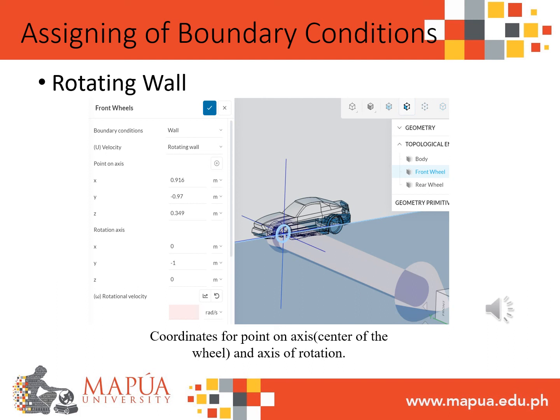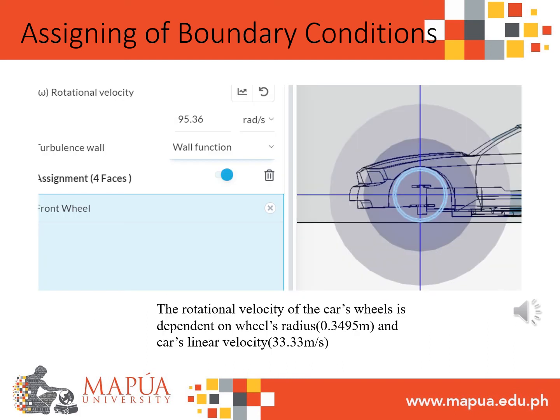For our point on axis, it would be at the center of our wheel, and the rotation axis would be in the negative y direction. We also need to specify the rotational velocity of our wheels, and that can be done by dividing the car's linear velocity by the wheel's radius.